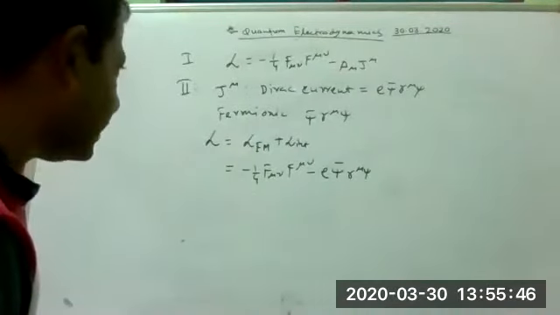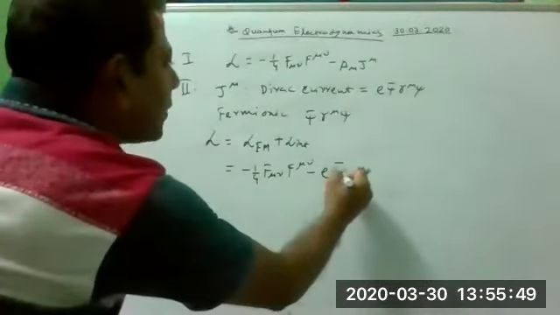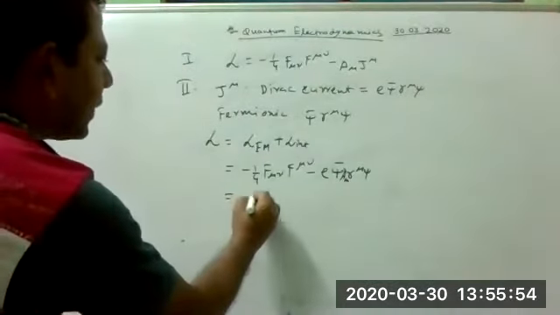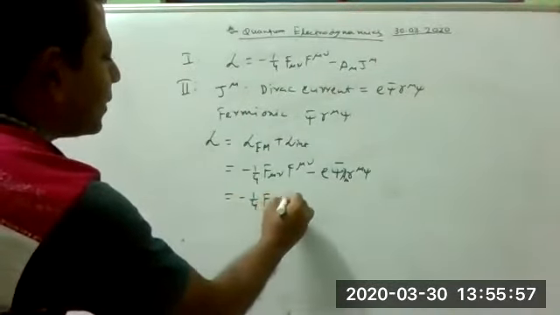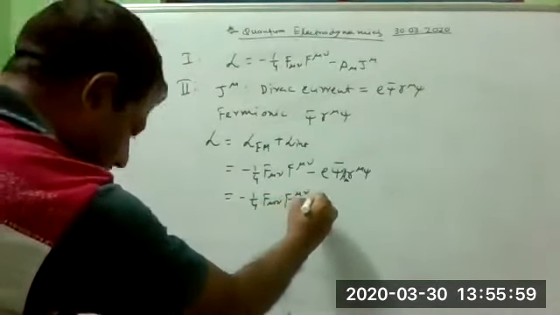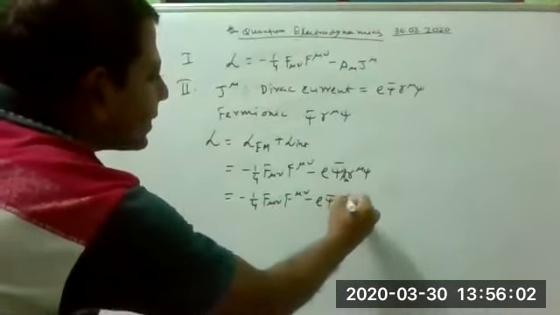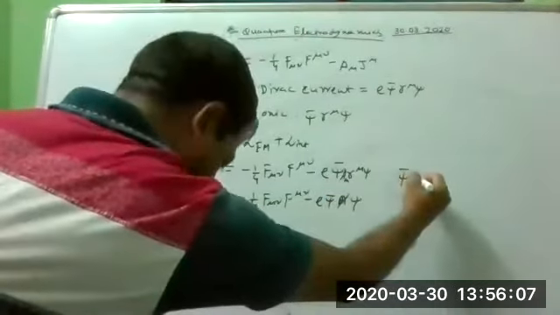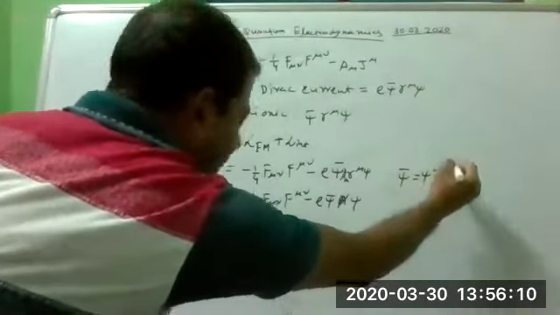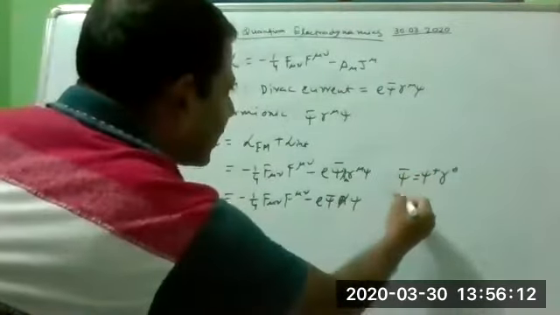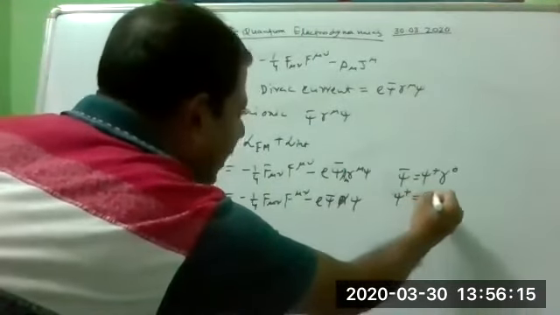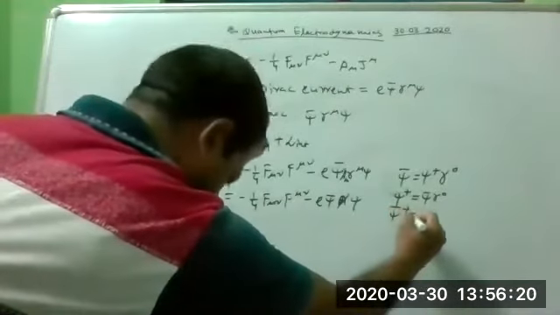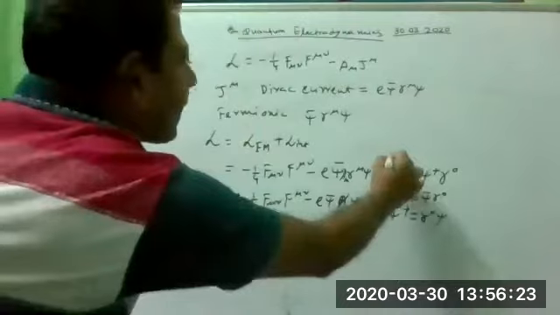So L equal to minus 1 by 4 F mu nu F mu nu minus e psi bar A slash psi, where psi bar equal to psi dagger gamma 0, and psi bar whole dagger means gamma 0 of psi.